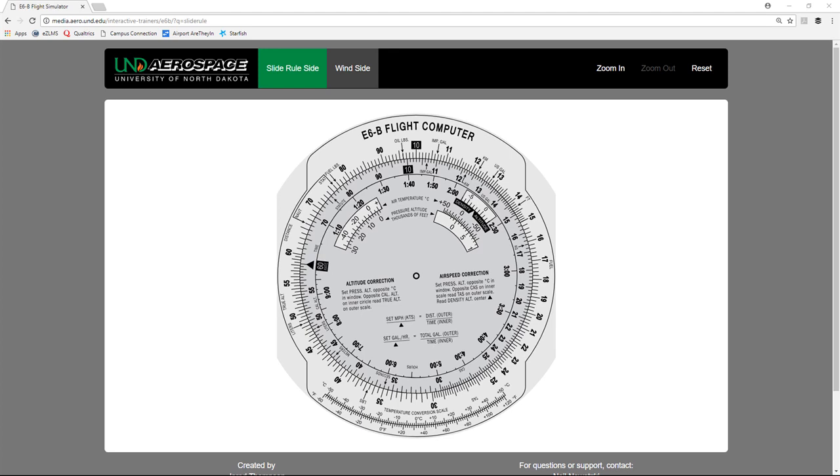So the calibrated altitude is your indicated altitude that's corrected for instrument error. Now, previously I said the calibrated altitude is your true altitude corrected for instrument error, which is usually true. So as long as the temperature is reasonable and you are setting the altimeter correctly, your indicated altitude should be reasonably close to your true altitude.